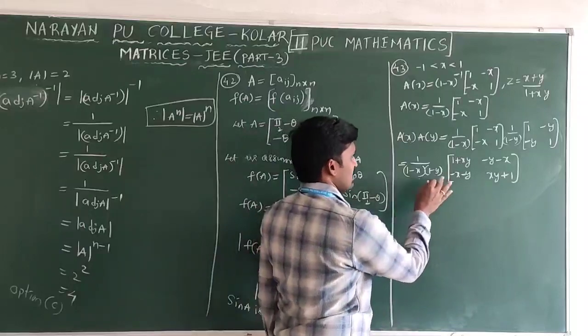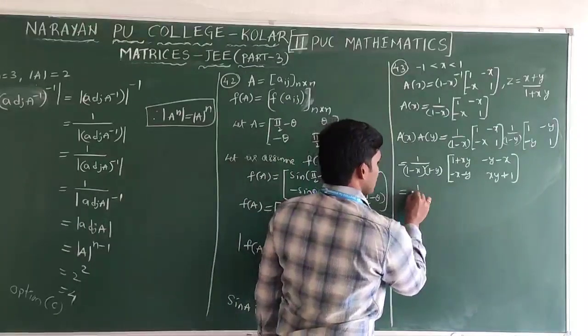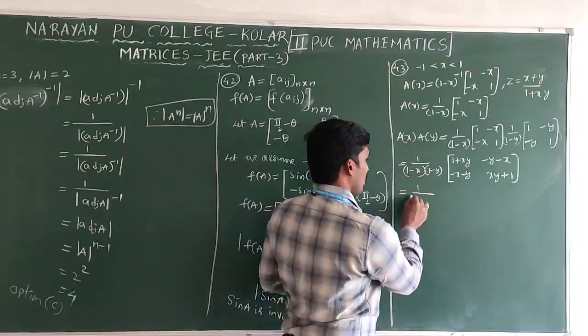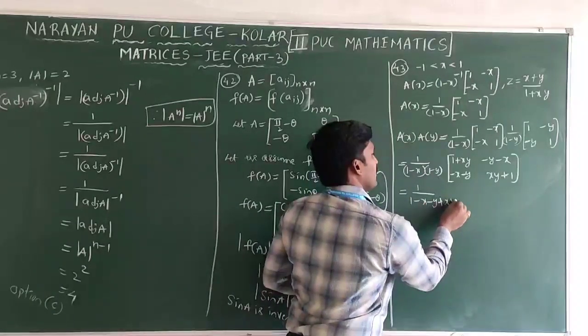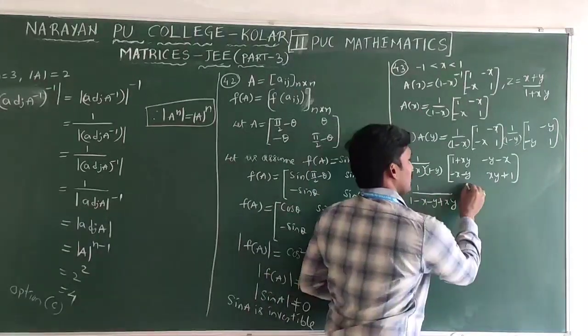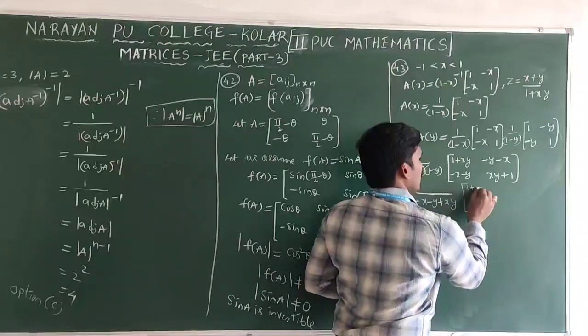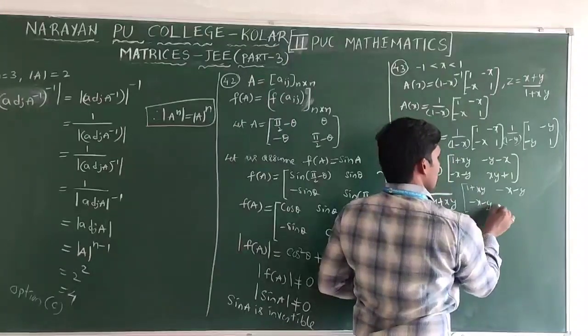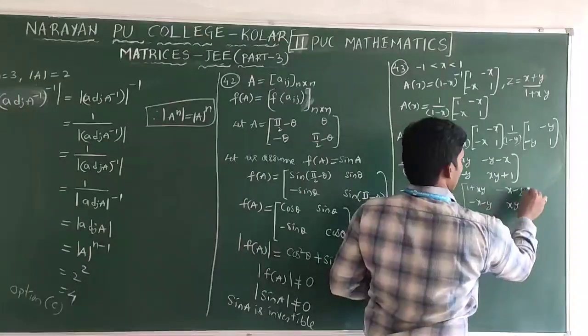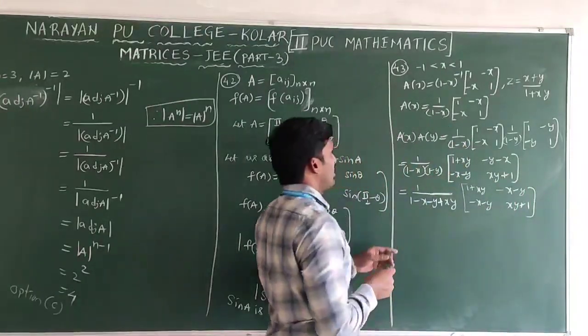Now from this, the value we got here, if you simplify this, what will you get? 1 into 1, 1 minus x minus y plus xy, minus x minus y, minus x minus y, xy plus 1. This is the value of which one?